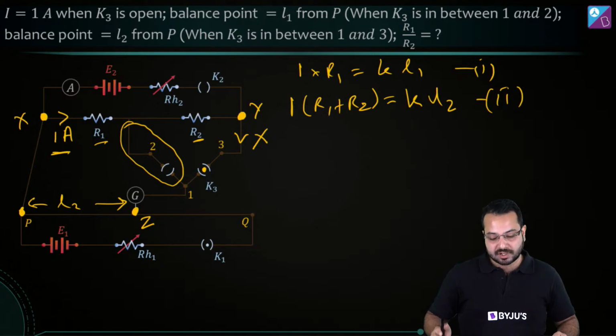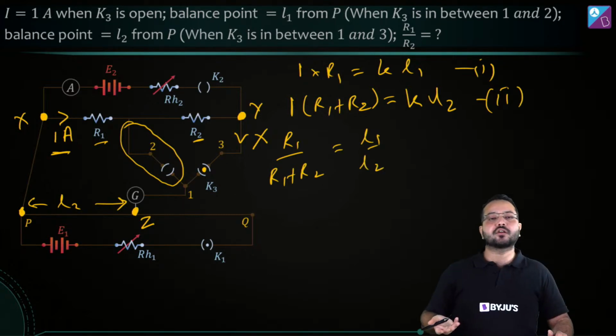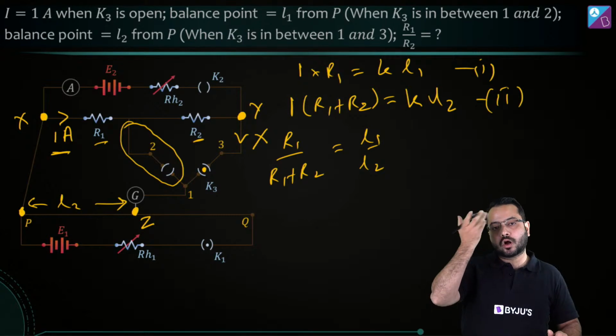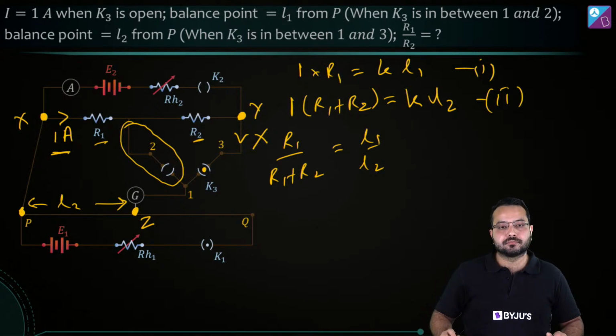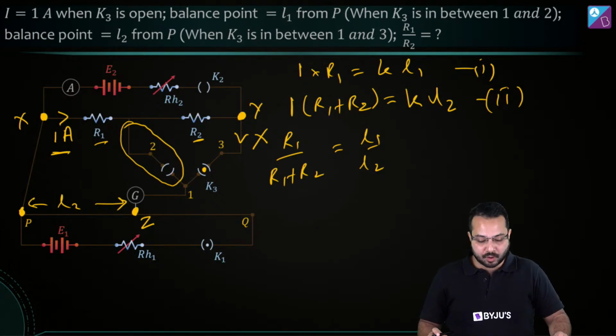Is that correct? Now all I have to do is divide these 2 equations, just to get rid of K, because that is the variable we had assumed, so that is not required. So R1 upon R1 plus R2 is going to be equal to L1 upon L2.